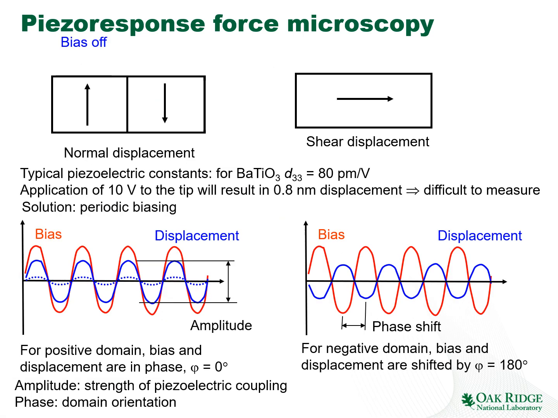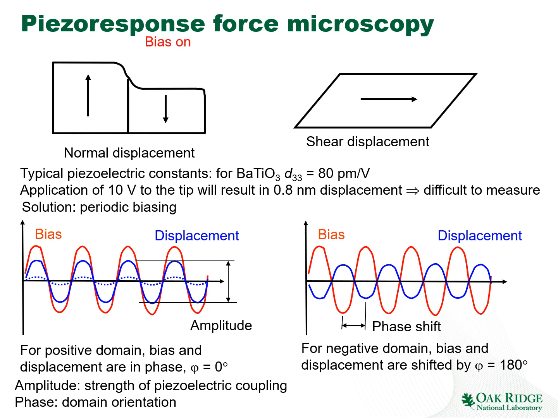So, how does the PFM work? Imagine the single case of a barium titanate crystal, which has two ferroelectric domains, the domain with the polarization pointing up and the domain with the polarization pointing down. If we apply an electric bias, one domain will expand and the other domain will contract.